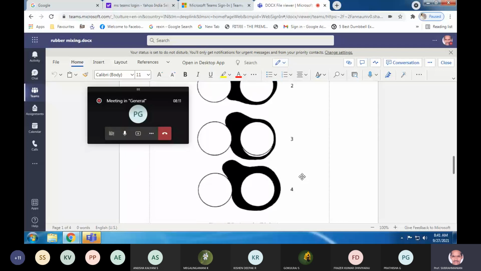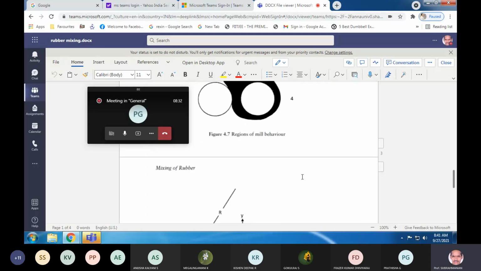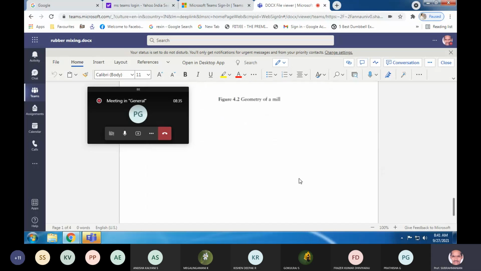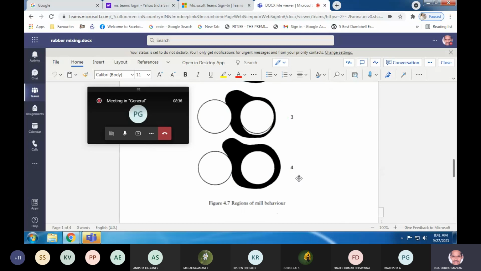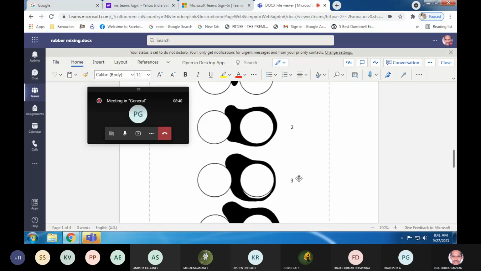What is the role of a process aid or a process oil? As we saw in the beginning, some of the additives are a fine powder. They come with a larger surface area, and we have a problem in respect of wetting of this powder by the rubber.